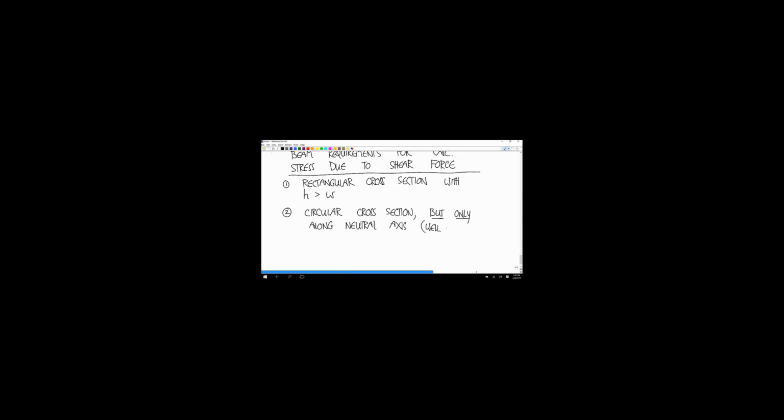Well, that sucks. Might as well not know anything about it then, except it turns out that the neutral axis is where the stress due to shear force is the biggest. So if you have a really significant stress due to shear force, at least you can figure out what it is at the maximum.